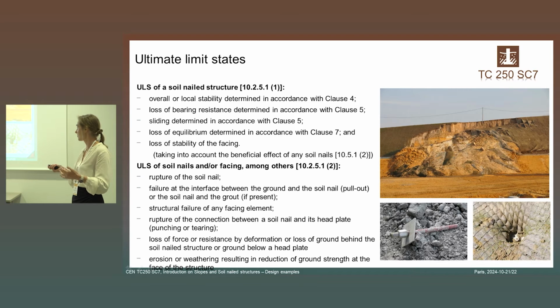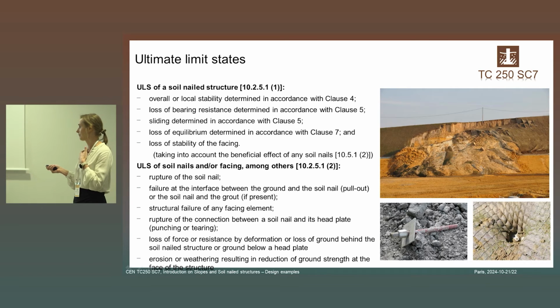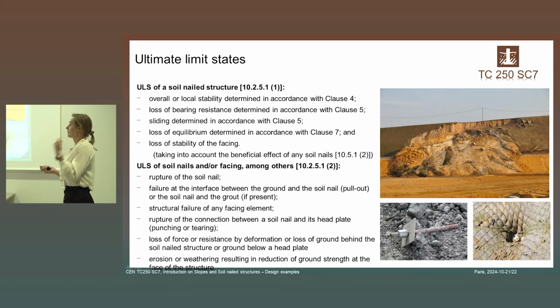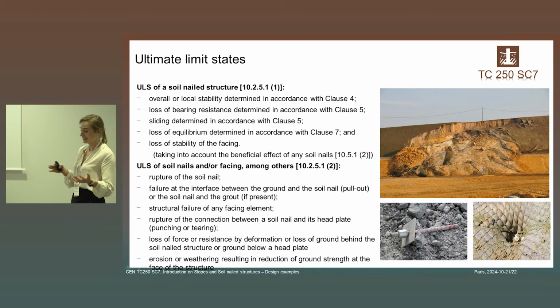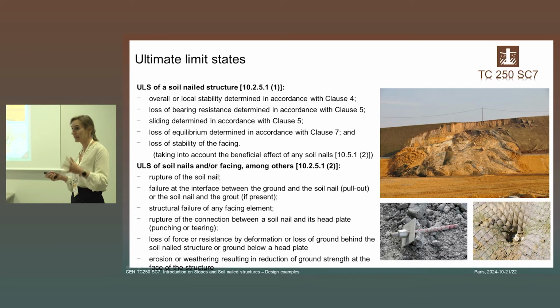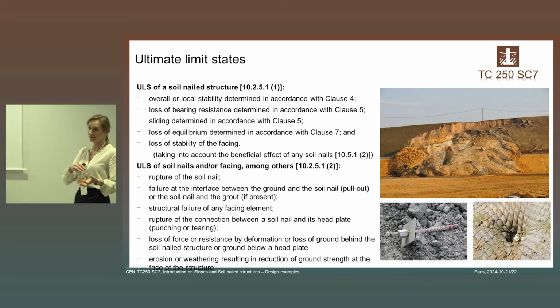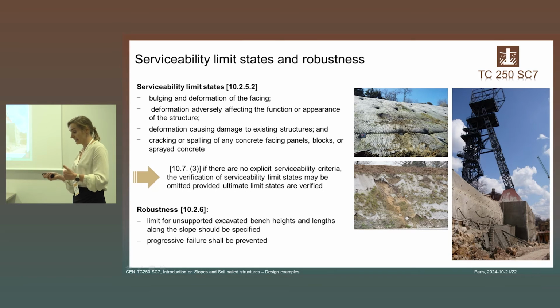And as I mentioned, clause 10 focuses on limit states of the structural elements themselves, which are a rupture of the soil nail, a failure at the interface between the ground and the soil nail, so basically the pull-out, the structural failure of any facing element, the failure of the connection between the nail and the facing, and so on and so on. The list is longer. You can check it in detail in the text itself.